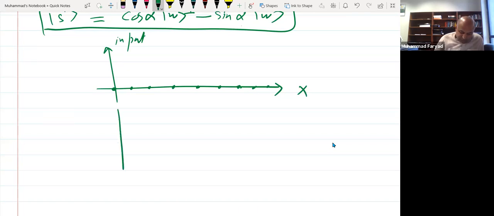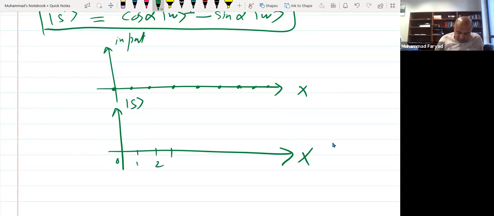And then after Hadamard, we got the S state, where each of the states 0, 1, 2, 3, all the way to n-1, had equal amplitude.